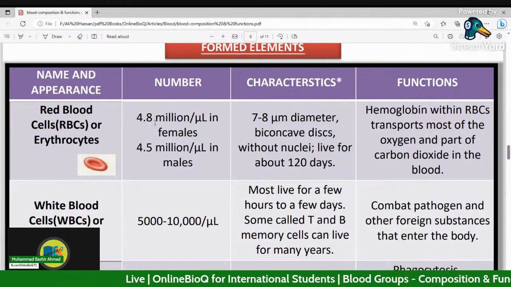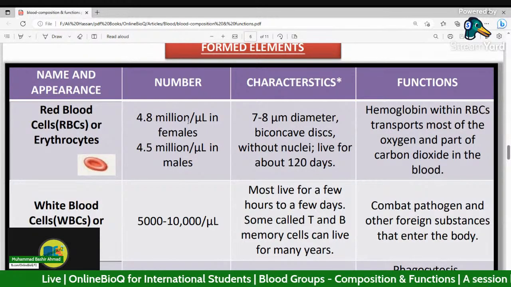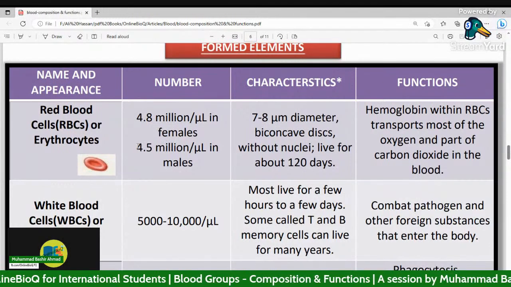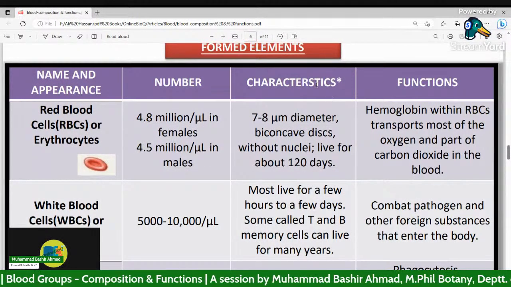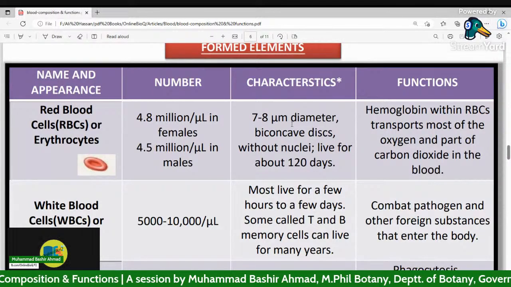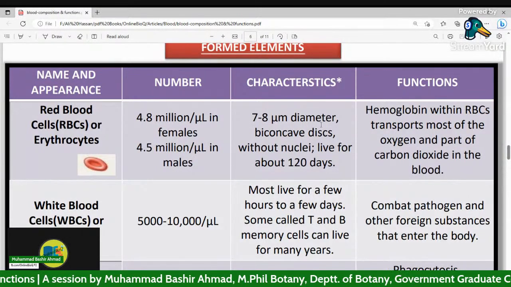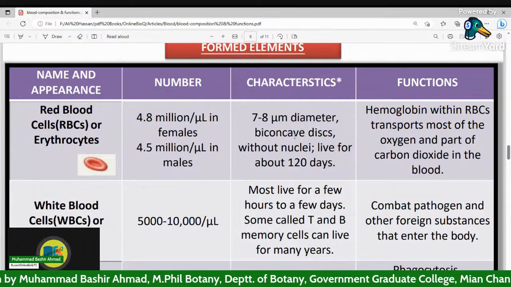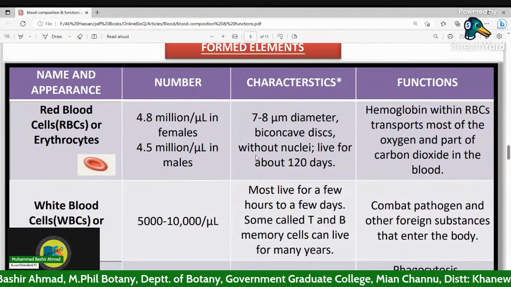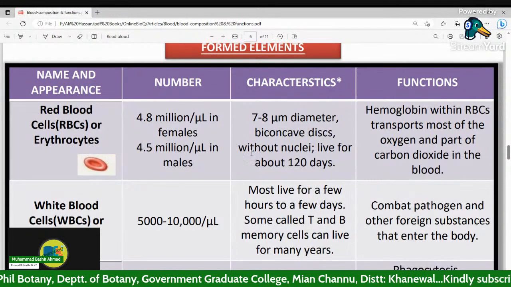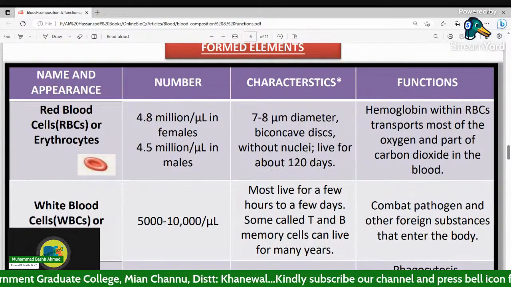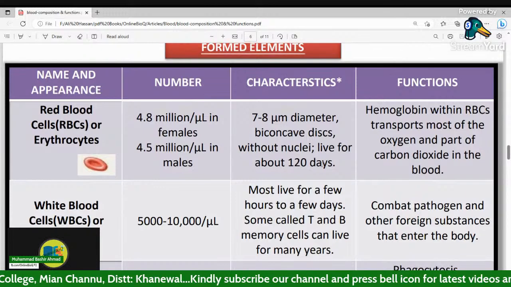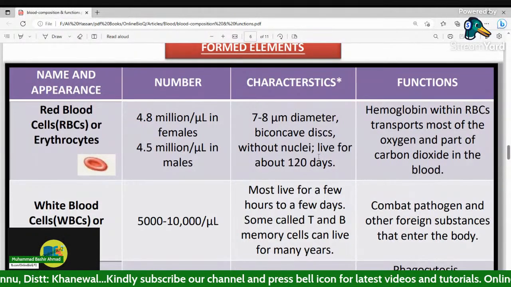These are 4.8 million per microliter in females and 4.5 million per microliter in males. They are 7 to 8 micrometers in diameter, biconcave discs, and without nuclei at maturity. Their lifespan is about 120 days.